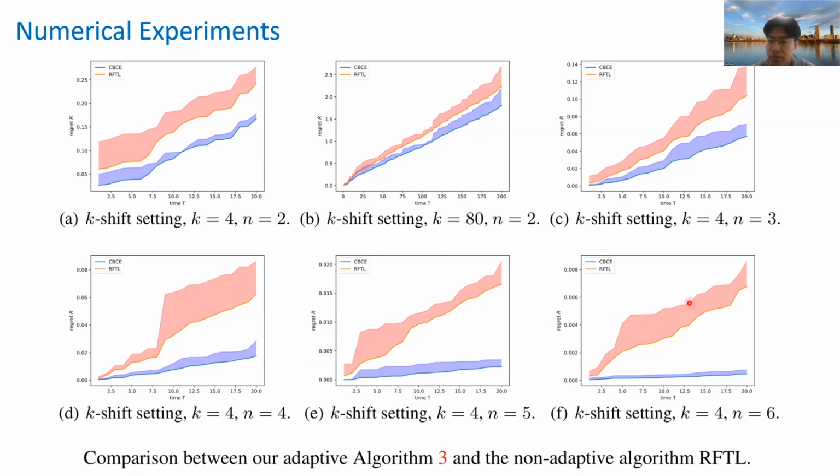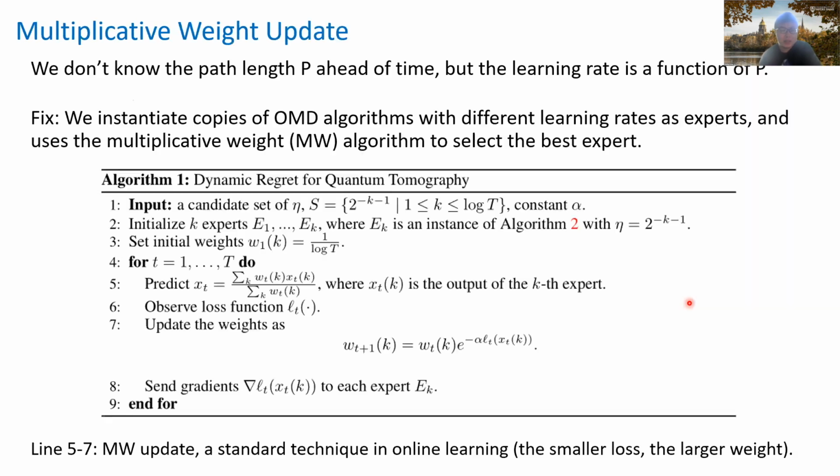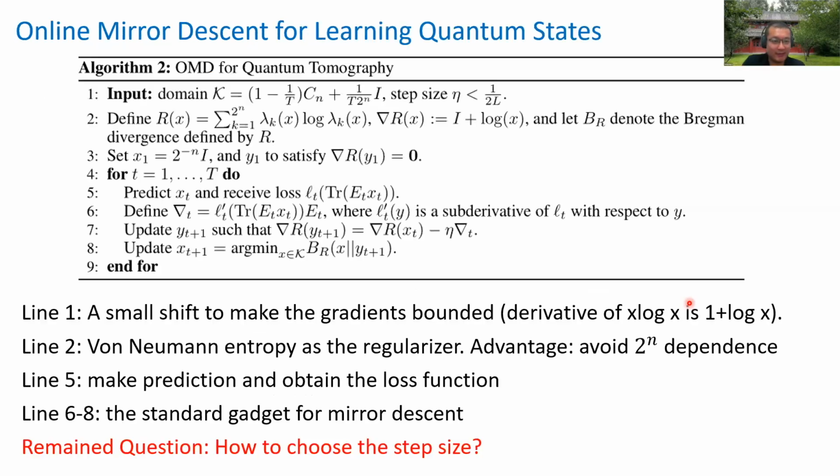I have another question. Sure. Could you go back to the OMD algorithm page? Maybe this one. Yes. Can you say more about line 2, how to achieve the dimension dependence advantage? Oh, you mean how do we get rid of that? This is a good question. I'm not sure if I have good intuitions for that.